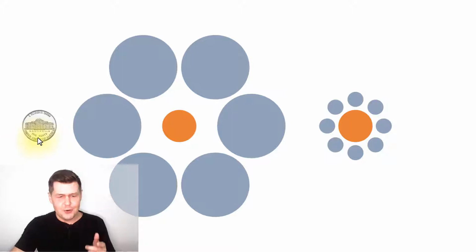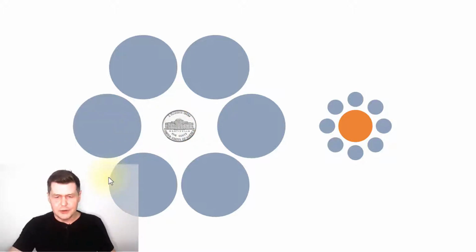So I'll take this coin, this nickel, and first I'll put it over top of this orange circle. So it fits over that orange circle.